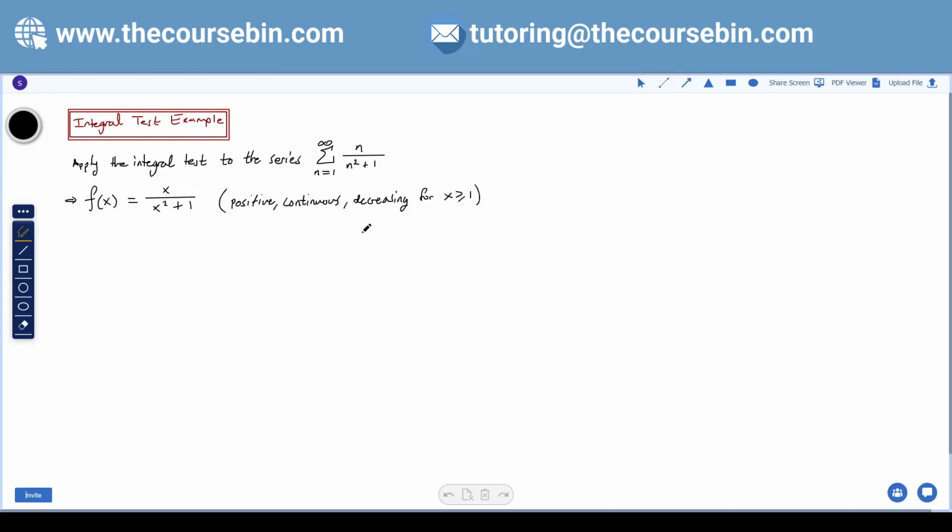So since it meets our conditions, we can go ahead and integrate it from 1 to infinity. We change it to the limit as t goes to infinity.